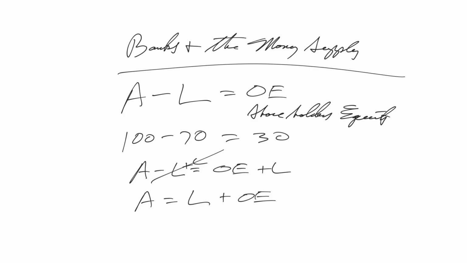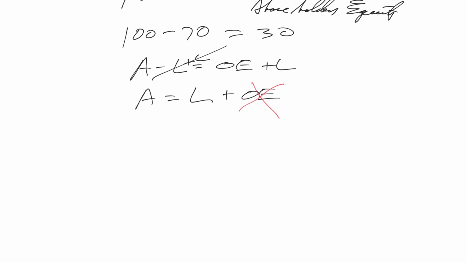Now, that's what you do in financial accounting, right? For our purposes, to illustrate bank behavior, we're not going to worry about owner's equity, and in most cases in our example it's not going to be affected anyway. Those of you who've had financial accounting are going to worry about that.